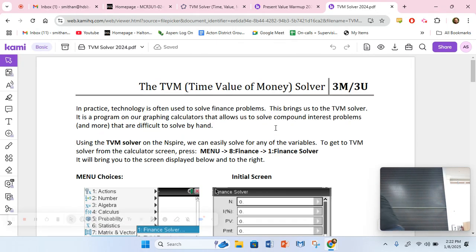So first things first, let's say you load one of these up. And somebody's been messing around. Somebody put the language to Chinese. Please don't do that or something like that. And you need to reset your calculator. Can you guys have a look on the back? You see how there's like a small little depression and says reset?